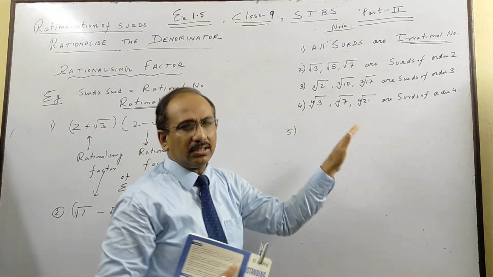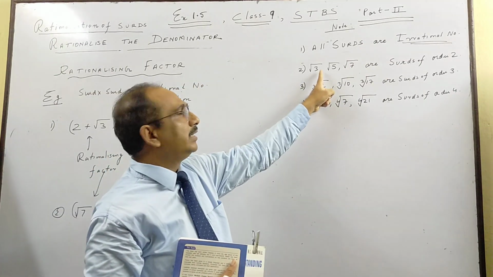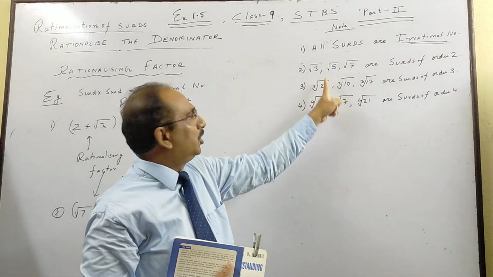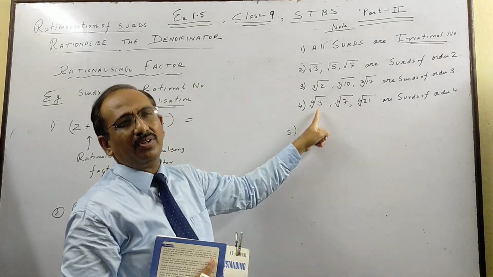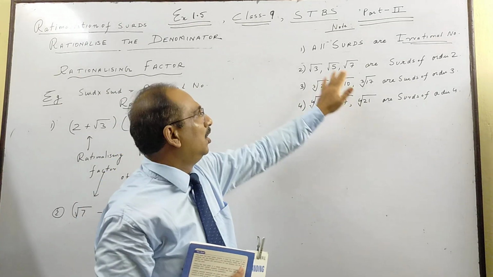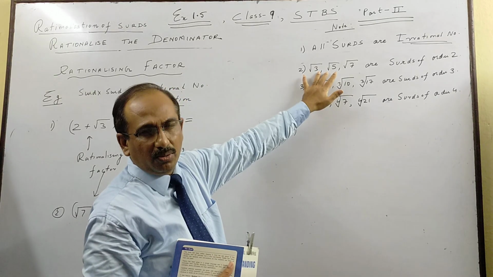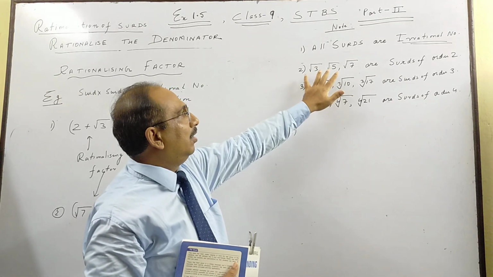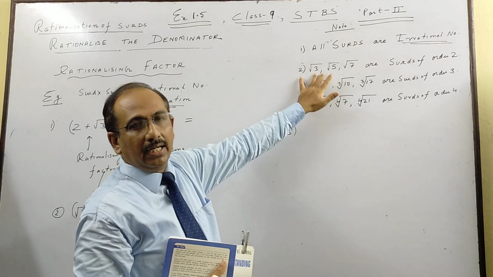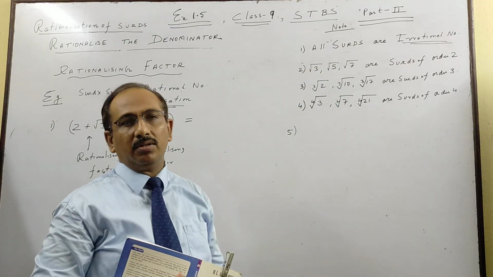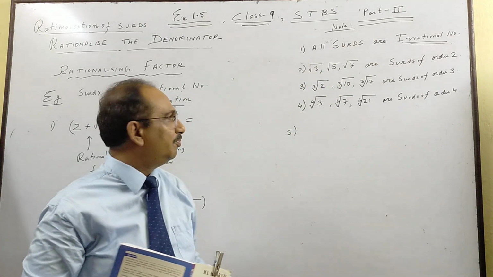Generally, the irrational numbers or surds we deal with are square roots, cube roots, and the fourth root we will see later in higher classes. So generally we will be dealing with square roots of numbers, which are irrational numbers, as I explained in the first part of my video.